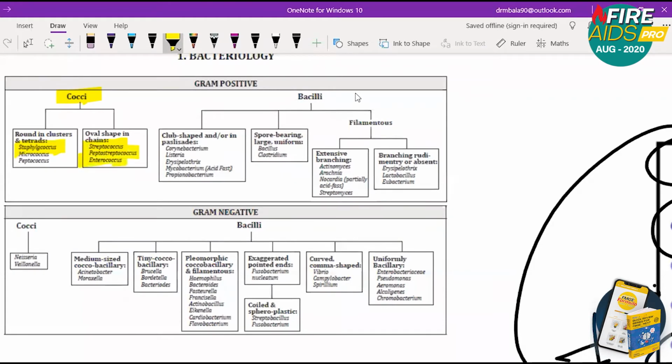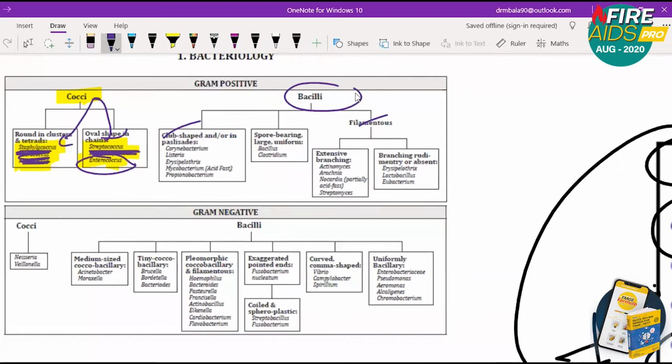Out of which you can ignore Micrococcus and Peptococcus, and also Peptostreptococcus. You need to know Staphylococcus, Streptococcus, and Enterococcus. And in bacilli, it could be club shaped, it could be spore bearing, it could be filamentous.